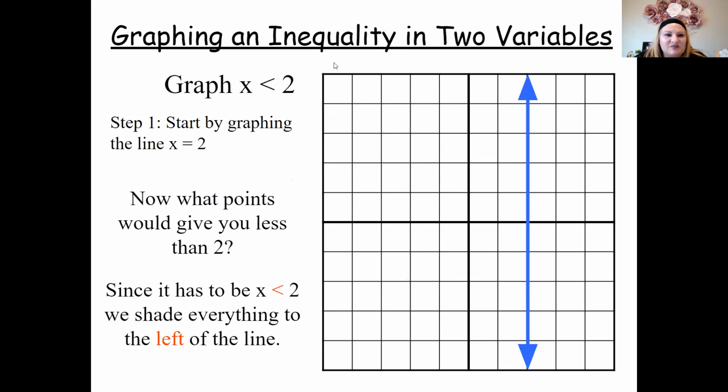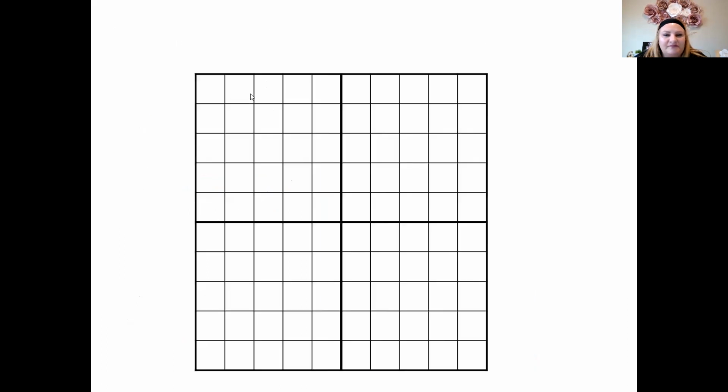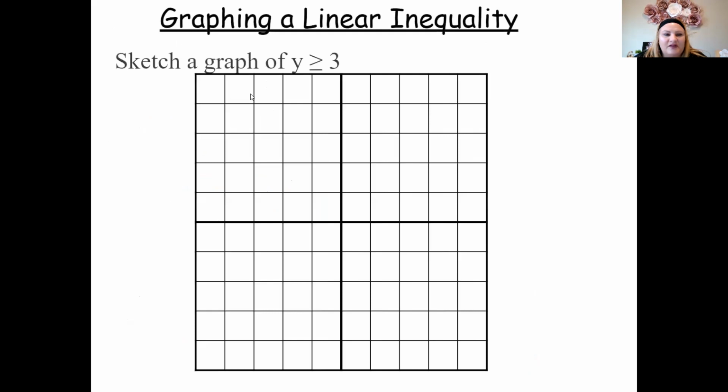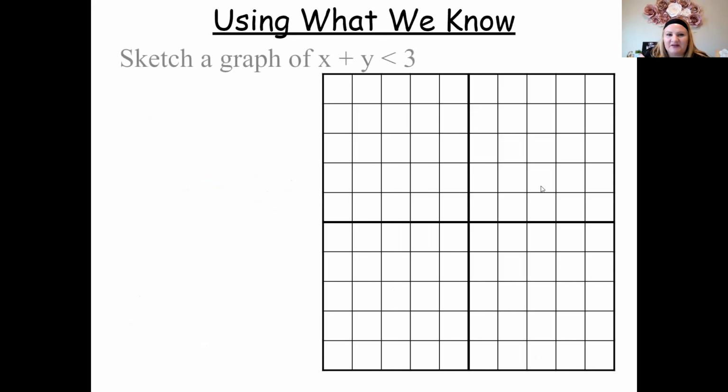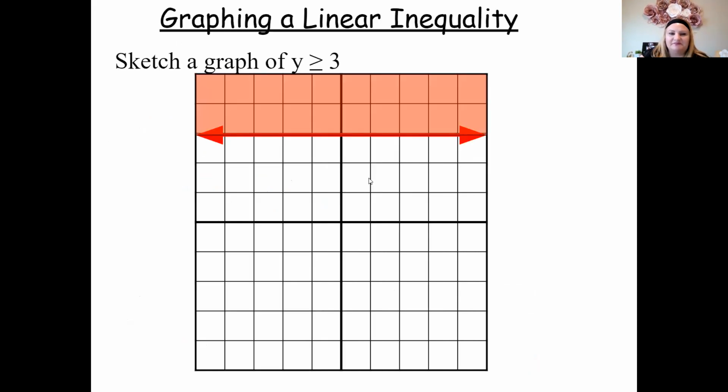All right, let's look at the next one. The next one is a sketch of a graph where y is greater than or equal to a number. And the last one where it says x is less than a number, oops, that was a vertical line.